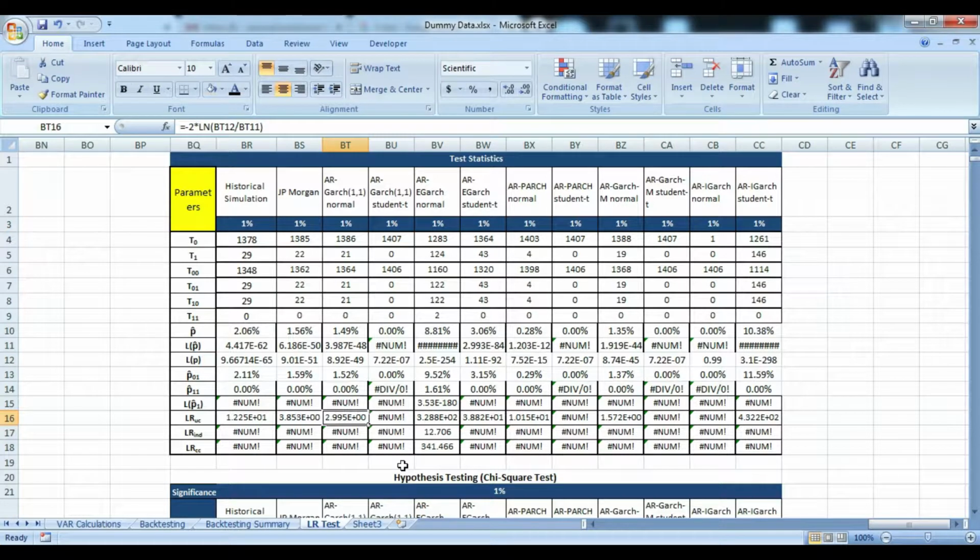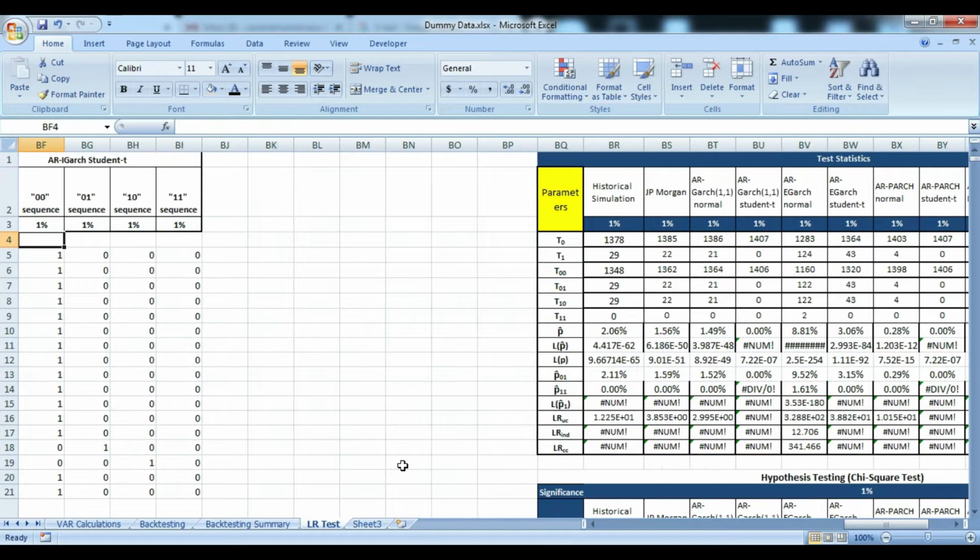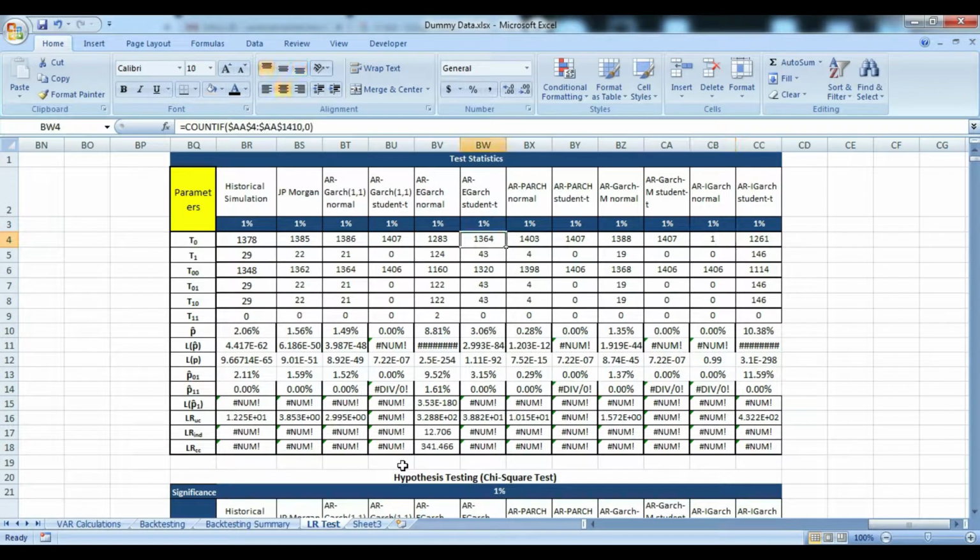Now the meaning of all these parameters and the computation of the hit statistics that we have calculated over here, the hit sequence, the use of it is basically to generate the hypothesis testing, the chi-square test, which we will be conducting today.